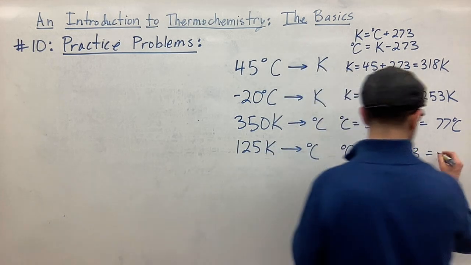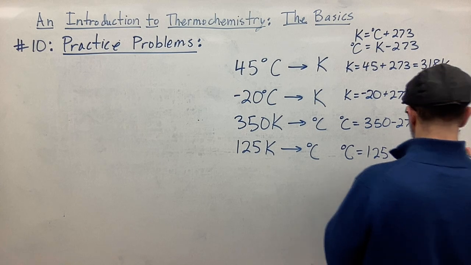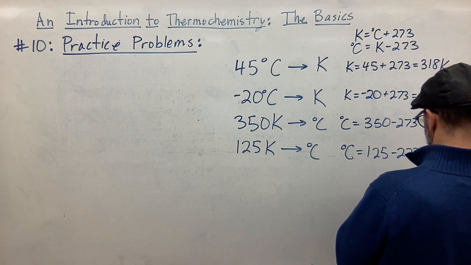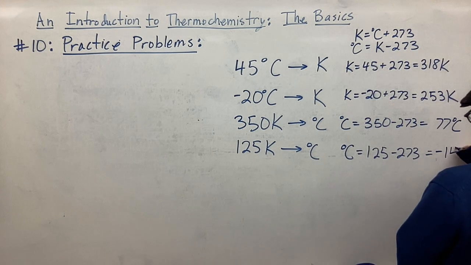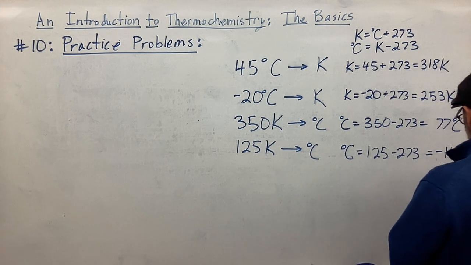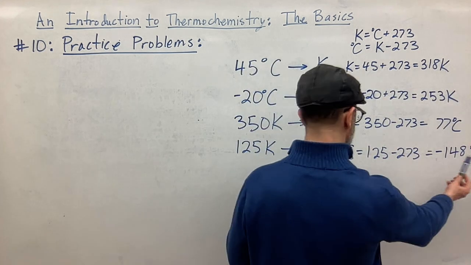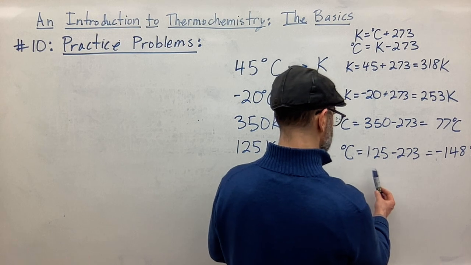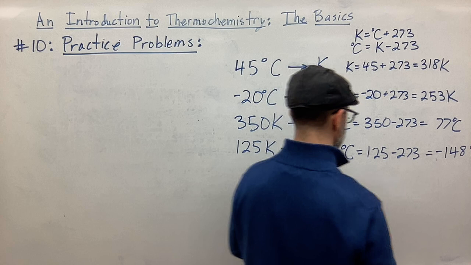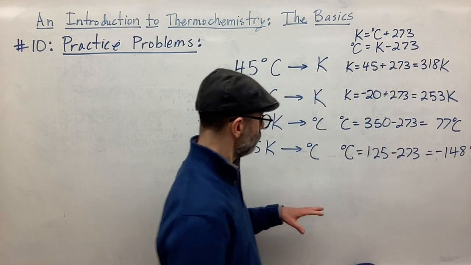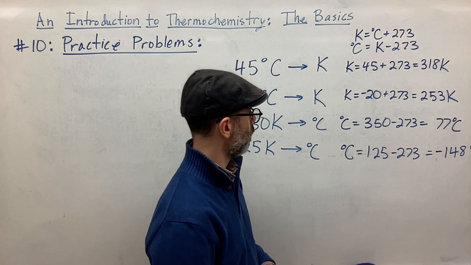And then subtract 100, so we're going to end up with negative 148 degrees Celsius, if I did the math right. Let me double check. Yep, looks like I did it right. So that would be the temperature in Celsius.